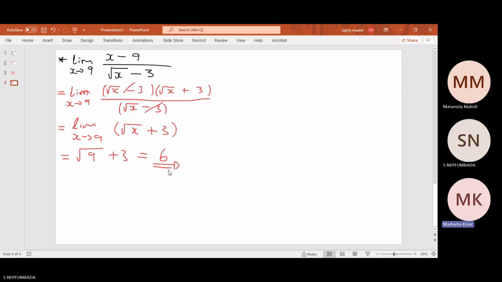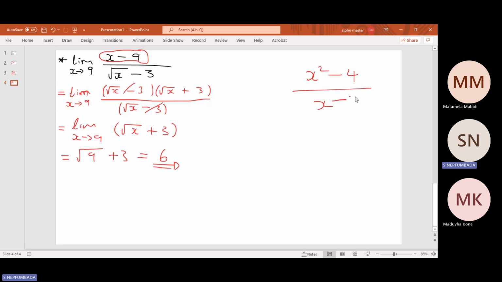Actually, the first step we're going to do is the conjugate. This is a difference between two squares. We have the square root in the denominator. This is a difference between two squares. So we have to factorize, and the denominator and numerator cancel. It's like when we have x squared minus 4 divided by x minus 2.